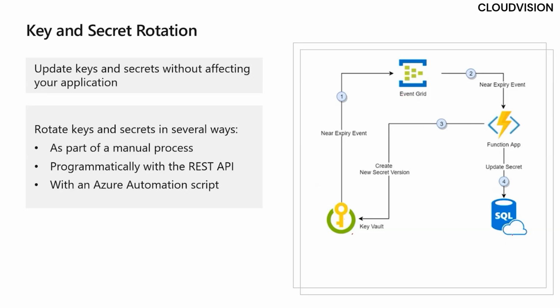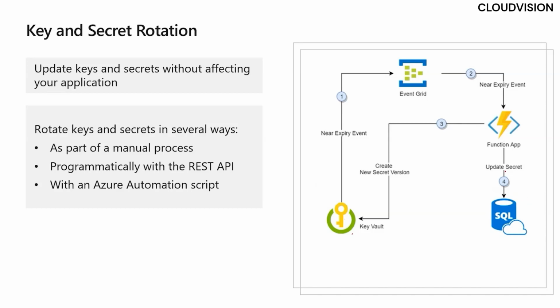It is further connected to your SQL. Now, what is the agenda of this logic? We want that within your SQL, it could be your storage account, we need to update the secret automatically, update the password automatically, because each secret has a specific timeline.